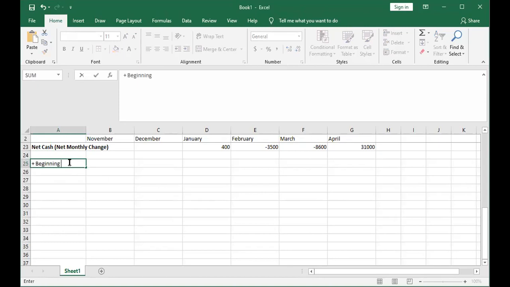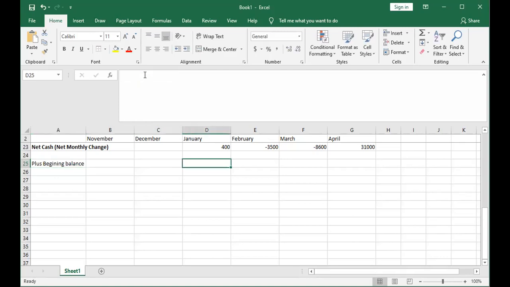The beginning balance in December is 10,000 ringgit.